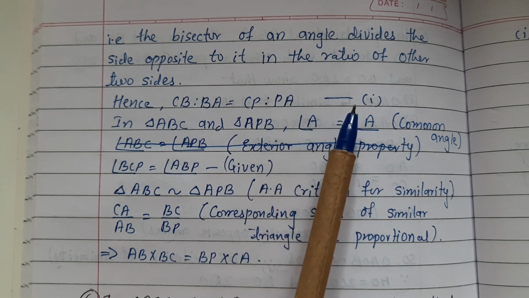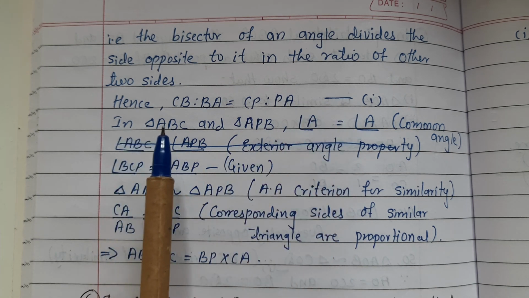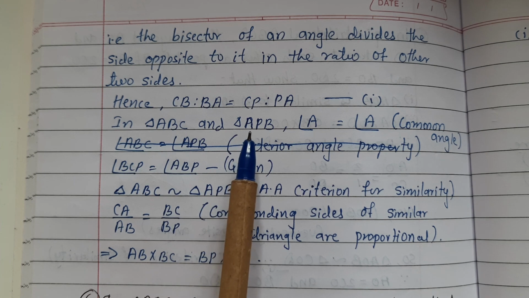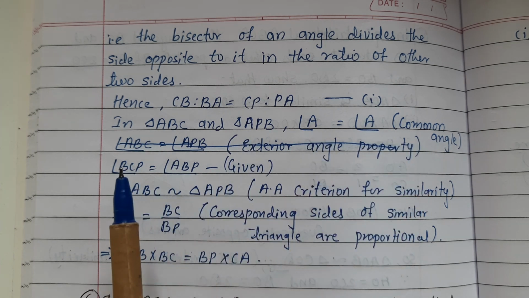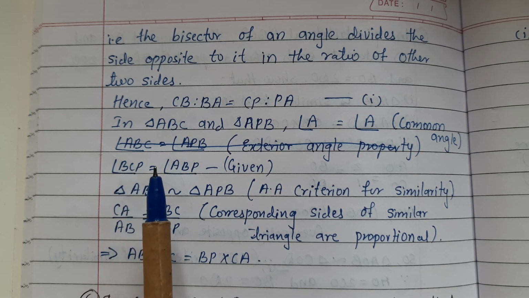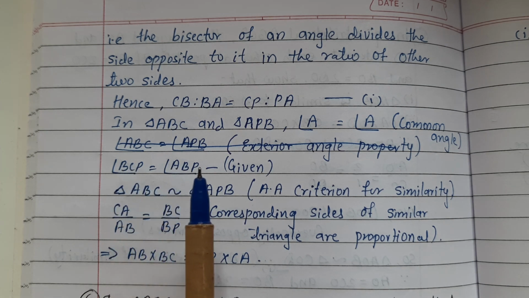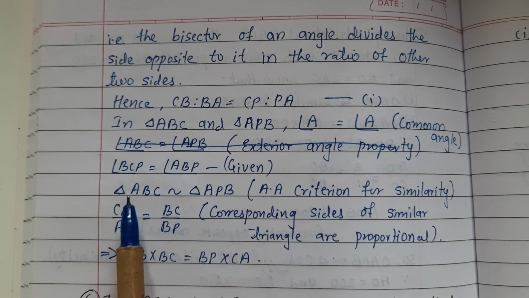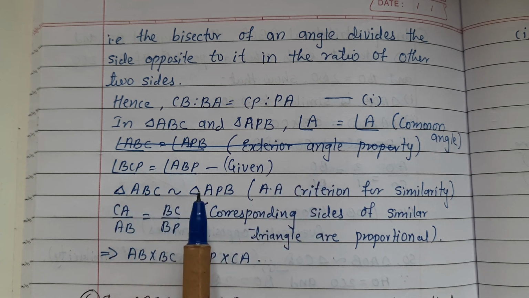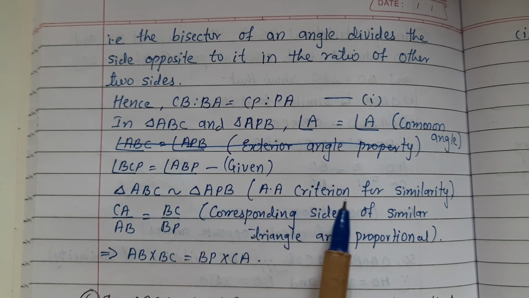First part proved. Now, in triangle ABC and APB, angle A is a common angle, angle BCP is equal to angle ABP, both x. Therefore, triangle ABC is similar to triangle APB by AA criterion of similarity.